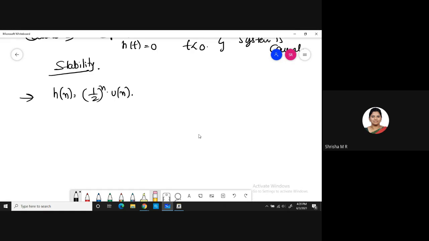So how will the signal h of n look? It will exist from where to where?